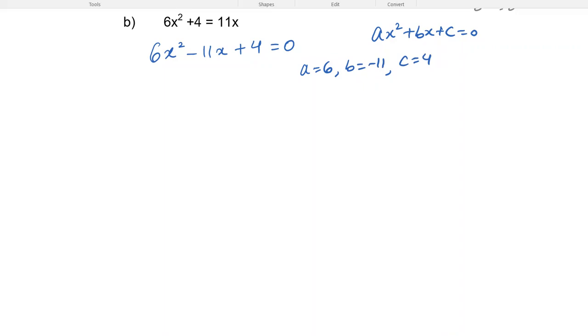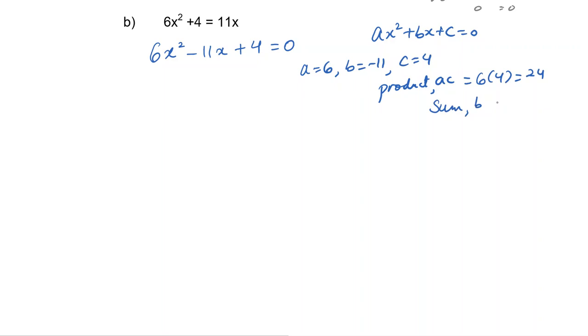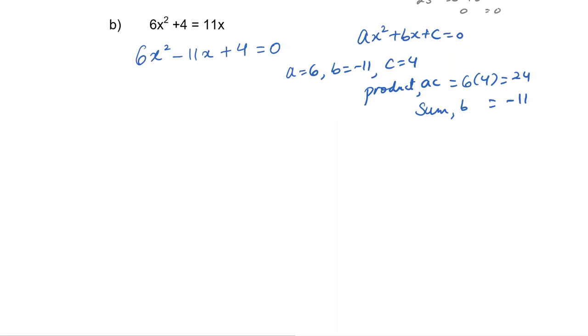So we're going to look for two numbers such that the product is AC, which means 6 times 4 equals 24, and the sum is B, which is negative 11.